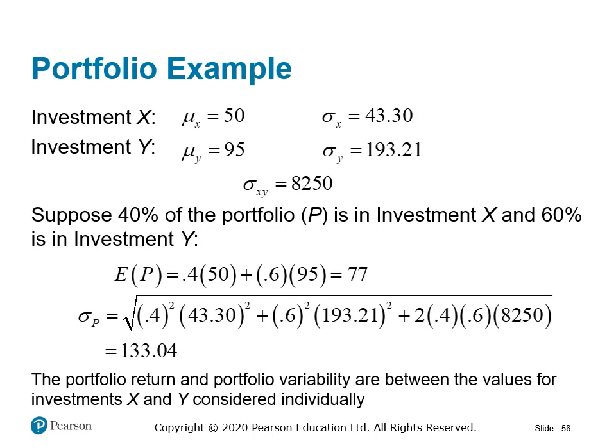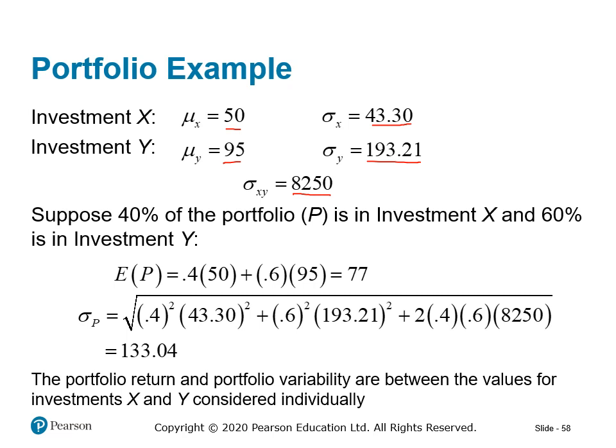Okay. So here I have the mean of X that we calculated, the mean of Y, the standard deviation of X, my passive fund, and the standard deviation of Y. We can see that Y has more risk than X. And we know that the covariance between the two is 8,250, which is positive, which means they move together.